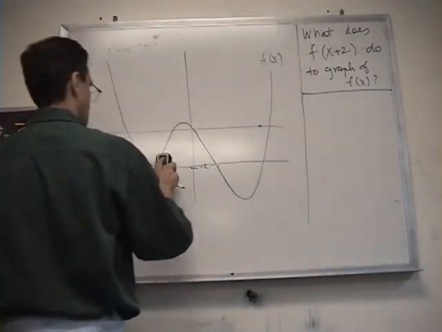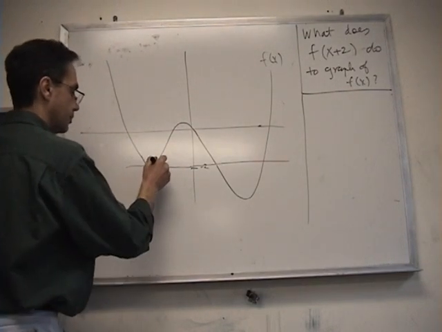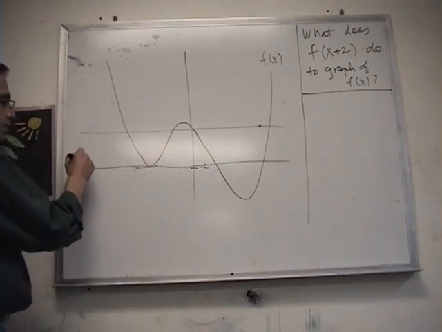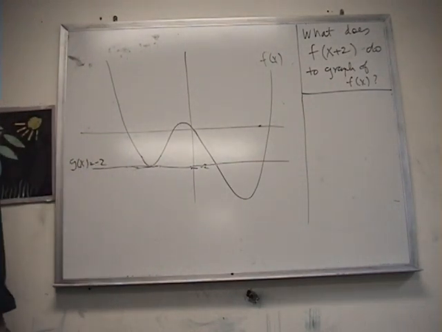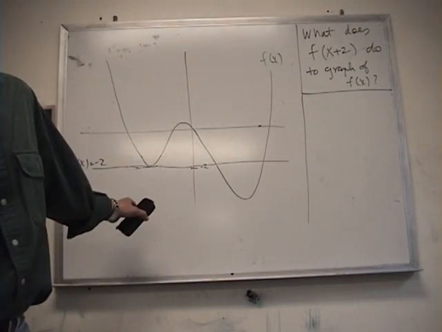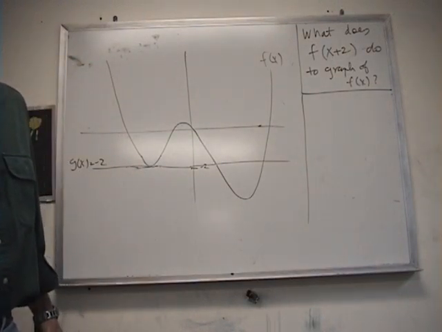Here's g of x equals -2. It says, if this line is going to intersect the graph of f of x plus k at only one point, which of these choices could be the value of k?